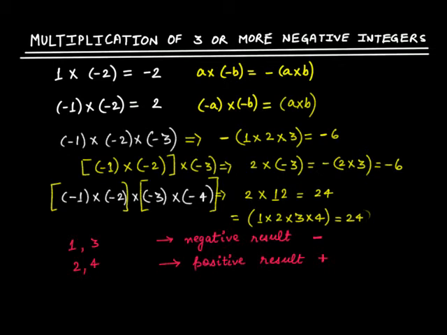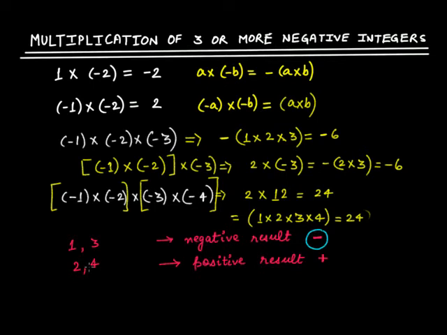You'll have to put the minus sign and simply multiply all those digits. So 1 and 3 are odd numbers. If a multiplication contains an odd number of negative integers, then the answer will contain a minus sign, right? Your answer will always contain a minus sign.